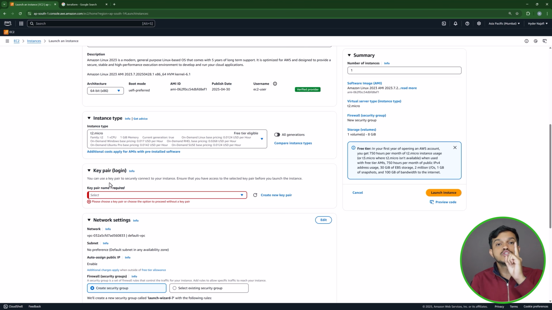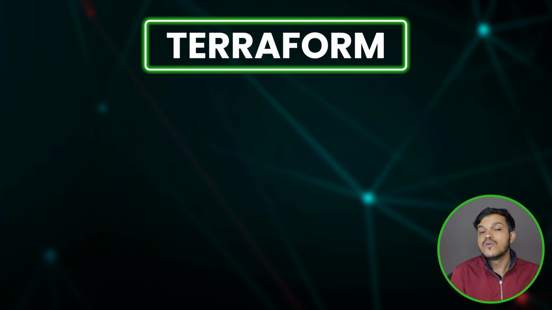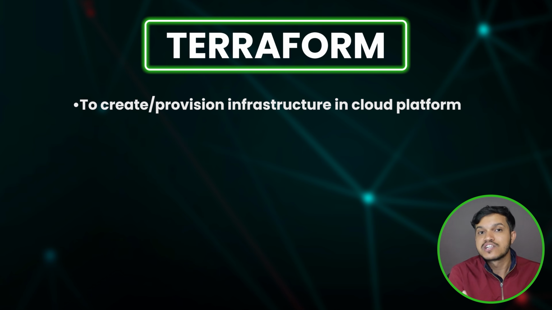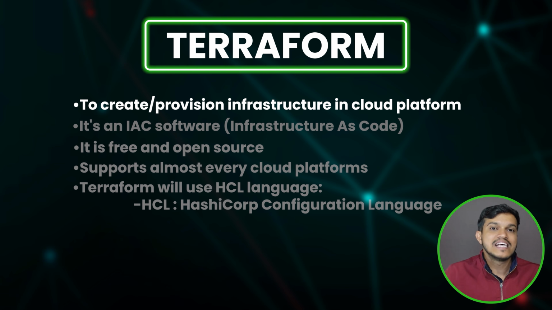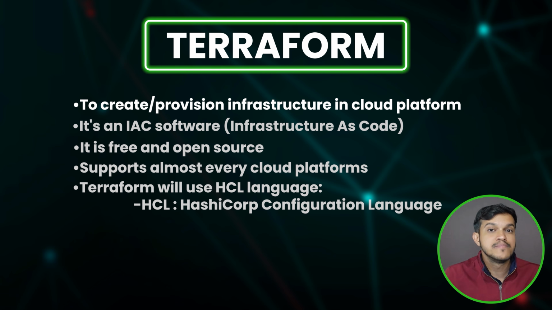Using a single tool, you can create or provision the infrastructure on the AWS also, Microsoft Azure also, GCP also, or any other cloud providers also. It is for the infrastructure provisioning, or in simplified words, it is to create the infrastructure. You want to create the servers, you need not do it manually. Of course, you can do it, but again, it has its own limitations and problems associated.